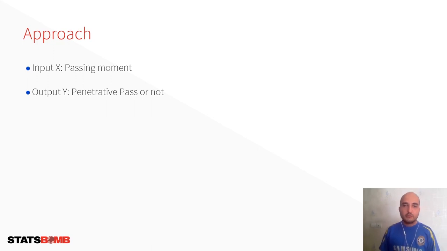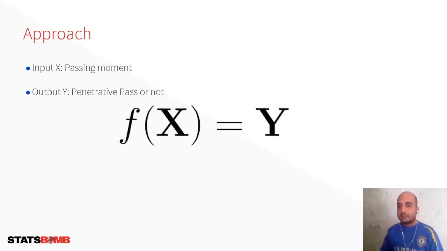So let's see how we want to approach this problem. We have an input X as the passing moment, and we want to have the output Y, which means whether the passing moment can become a penetrative pass or not. If we knew the exact relationship between different variables, we could just write the function f, getting all those variables as an input, and then just produce the output y, whether it's a penetrative pass or not.